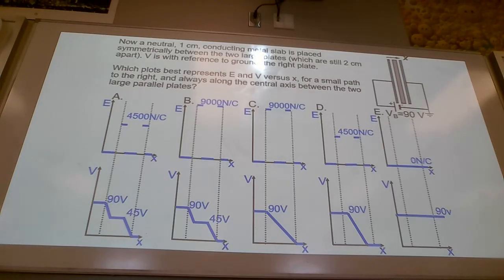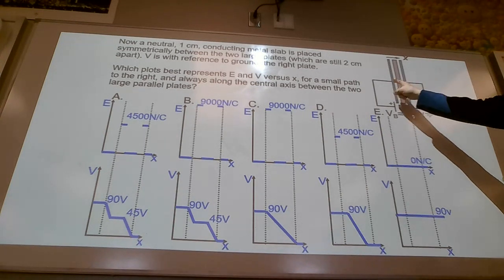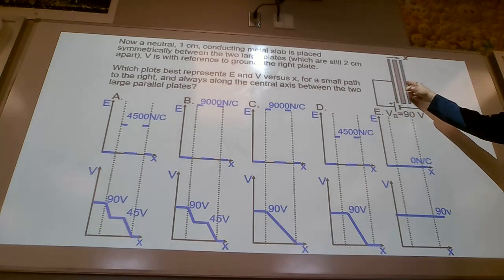Is it going through a conductor? No, it's not. There's still a gap there, so you're not getting a flow. Are you going like the small path for the conductor? Yes. So you're going from here to here.